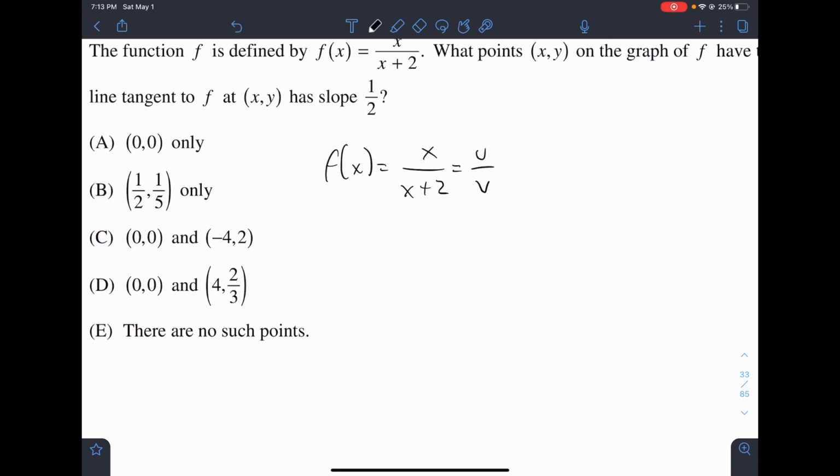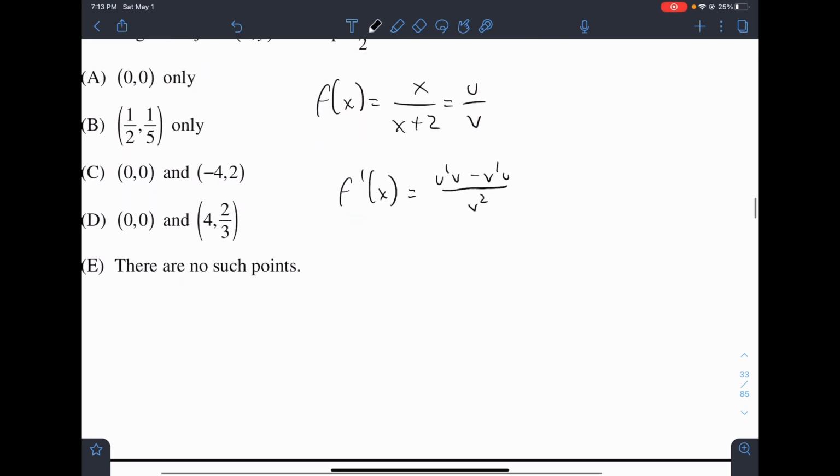And so the quotient rule states that this should be u prime v minus v prime u all over v squared. So u prime is just going to be 1. So v is x plus 2, u prime v, x plus 2, minus v prime is also 1, and this is just going to be x, all over, so v is x plus 2, so x plus 2 squared.